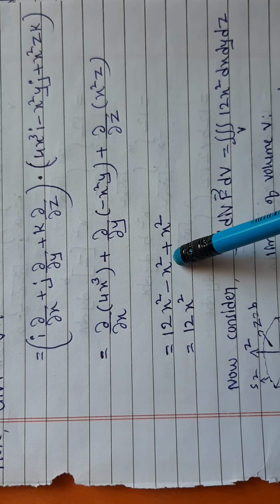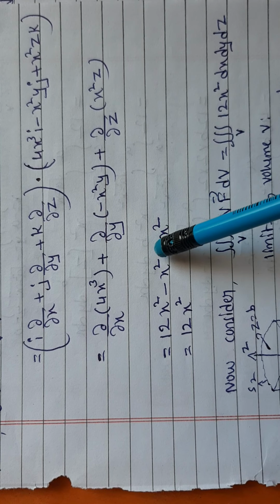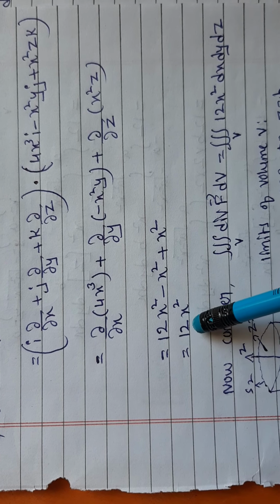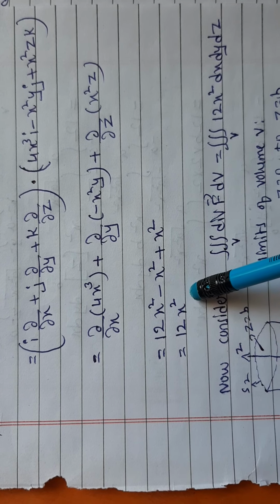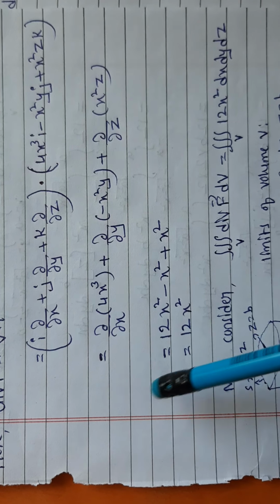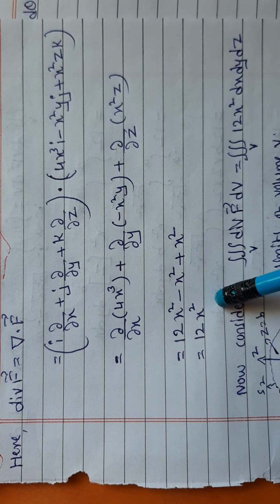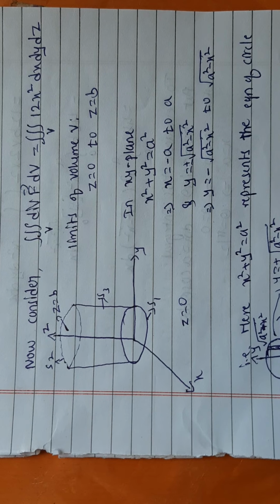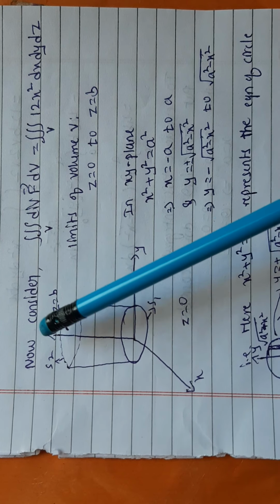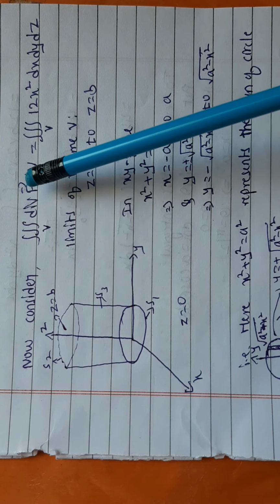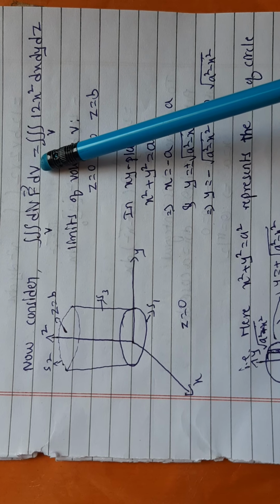So 12x^2 - x^2 + x^2. The x^2 terms cancel, therefore the value is 12x^2. Divergence of F is 12x^2. Now consider divergence of F dV.